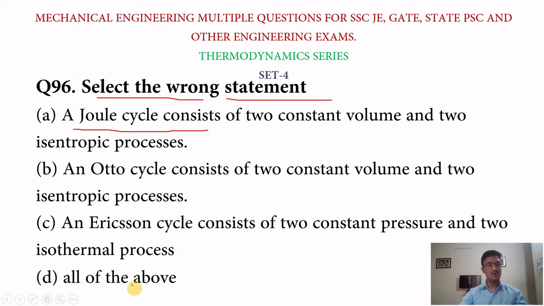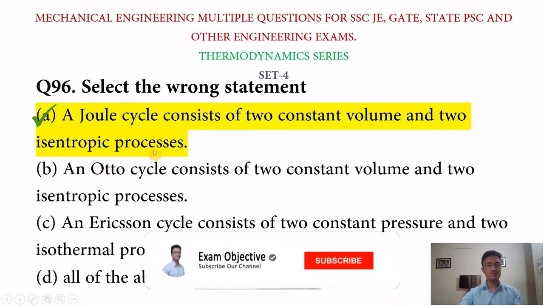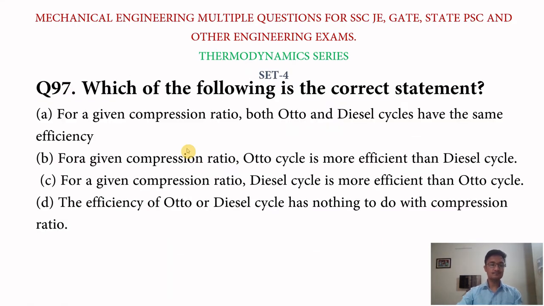Option D is all of the above. So its answer must be A. That is, a Joule cycle consists of two constant volume and two isentropic processes is the wrong statement, and other statements are correct.